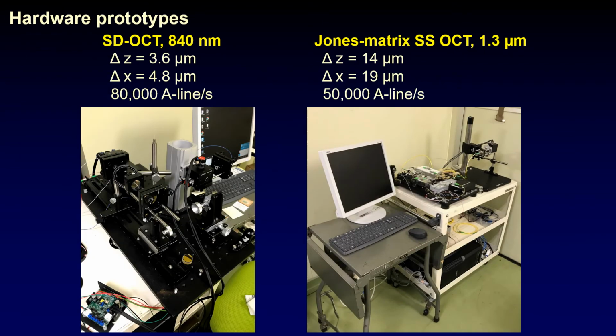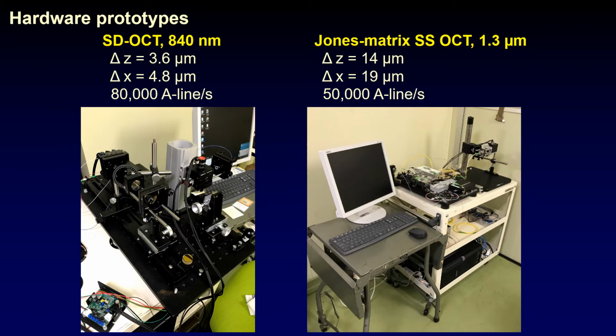At the basement of the measurement, we built two types of OCT. The first is a spectral domain OCT with an 840 nanometer probe. It has a relatively high resolution of 3.6 microns in depth and 4.8 microns in lateral, and it has a measurement speed of 80,000 A-lines per second.